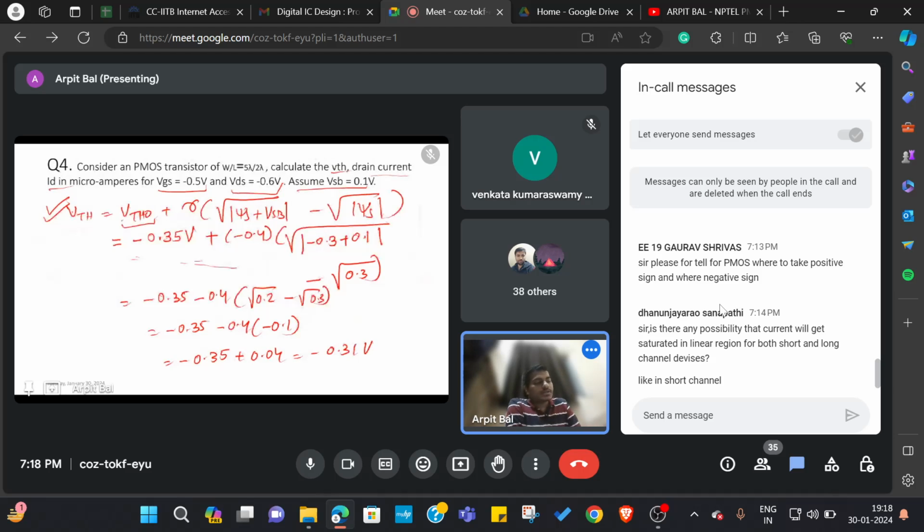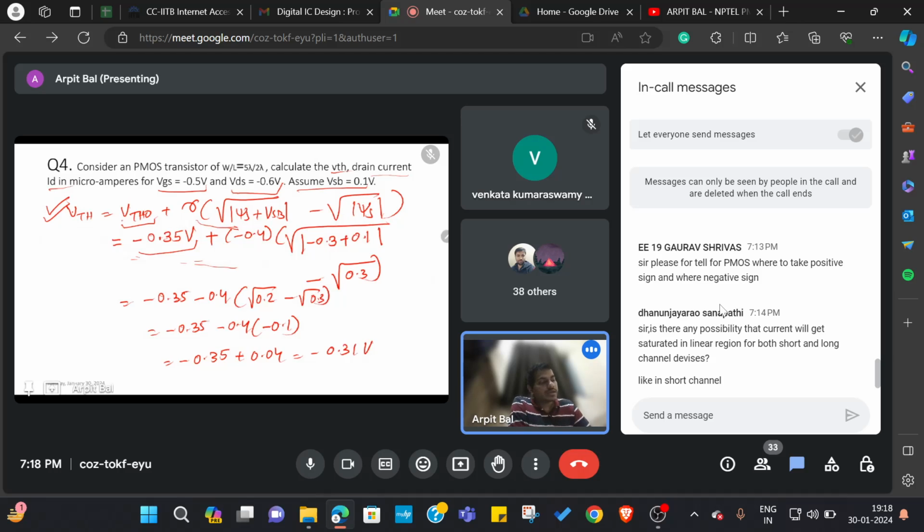So VTH0P, it was given to us that mod VTH0P is equal to 0.35. So I just took the negative sign. Similarly, it was given that mod gamma P was 0.4, so again I took a negative sign.